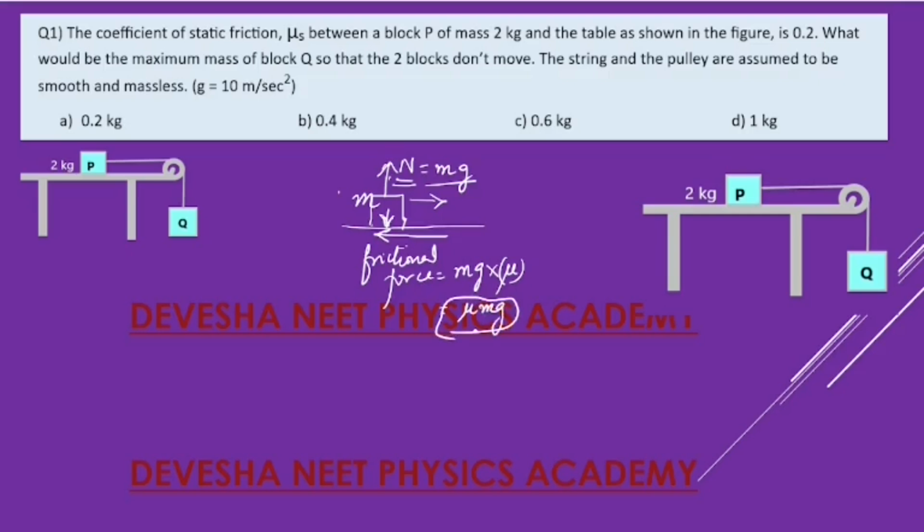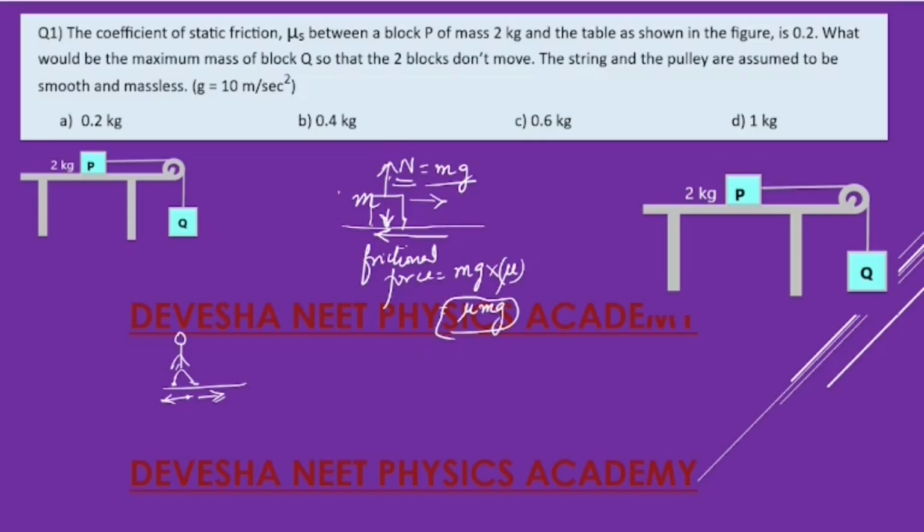Now, here's a trick. When we are walking, have you ever thought about in which direction the friction is working? For example, when a person is walking in the forward direction, is the friction working in the forward direction or in the backward direction?